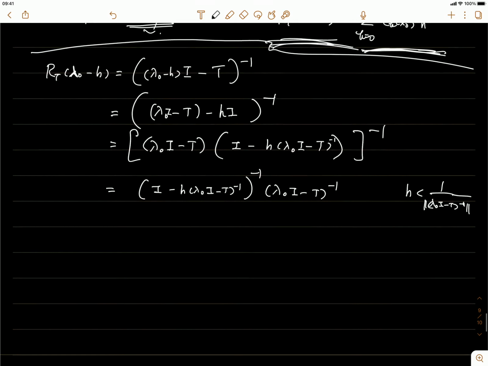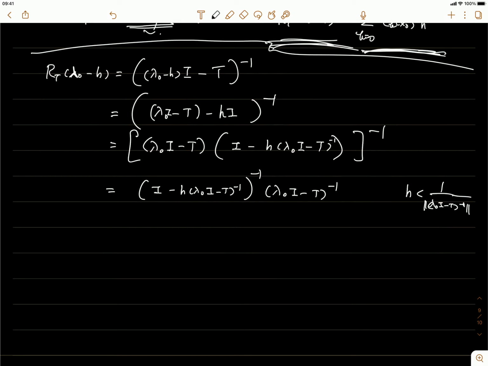I know that I minus T can be inverted as the sum from 0 to infinity of T to the power k, when T has norm less than 1, and this will be my T now.